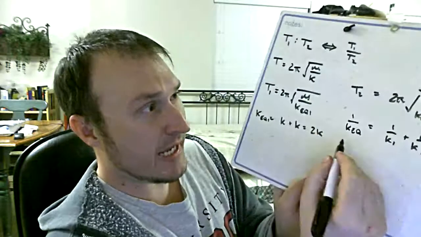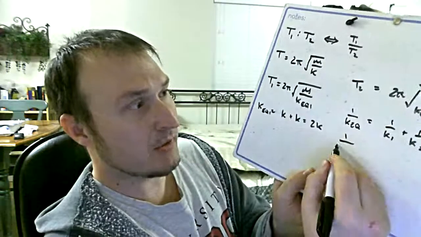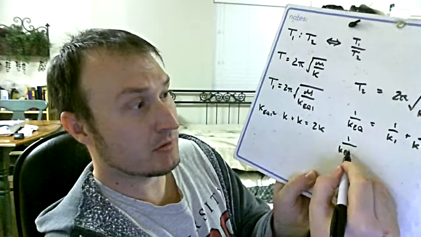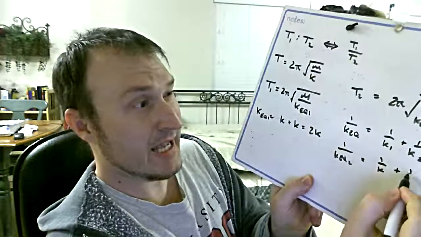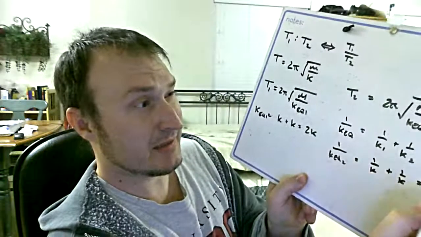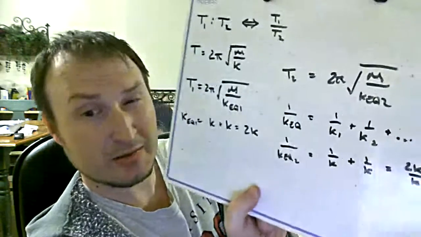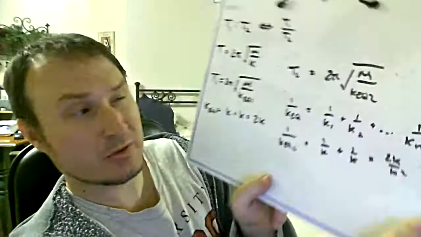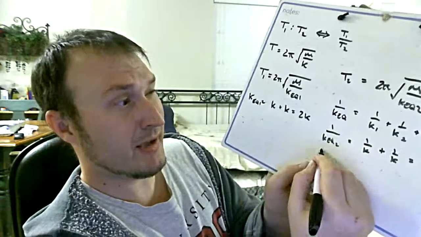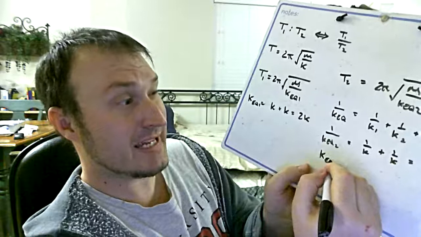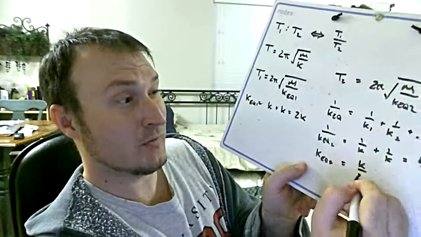In our case, we only have 2 of them, so it's not hard. We get 1 over k_eq2 equals 1 over k plus 1 over k, and that equals 2k over k squared. Just do the algebra there, you'll get there. And that equals 2 over k. And then you have to invert it, of course. So to get k_eq2, you get k over 2.